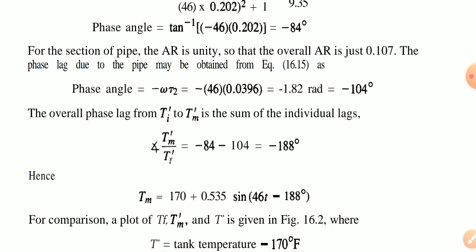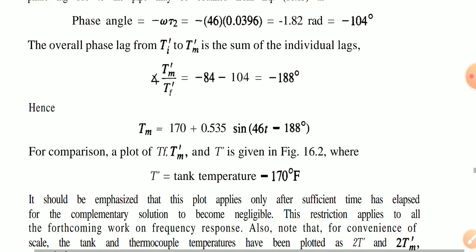For the section of pipe, the amplitude ratio is unity, so the overall amplitude ratio is just 0.107. The phase lag due to the pipe may be obtained from equation 16.15 as phase angle minus omega t2, which is equal to minus 46 multiplied by 0.0396, which is equal to minus 1.82.